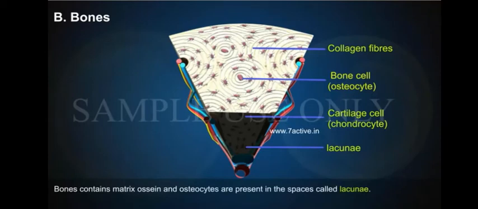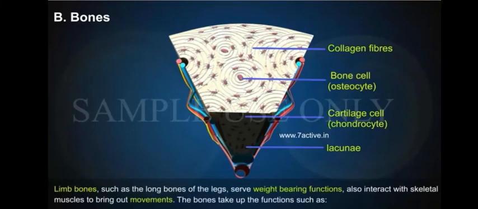Bones contain matrix, ossein, and osteocytes are present in the spaces called lacunae. Limb bones, such as the long bones of the legs, serve weight-bearing functions. Also interact with skeletal muscles to bring out movements.